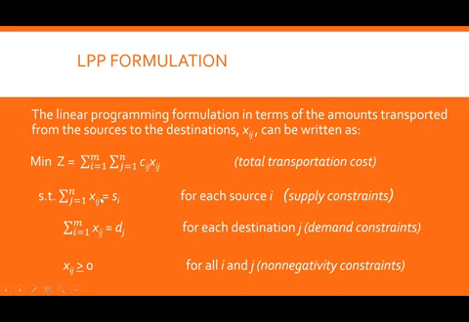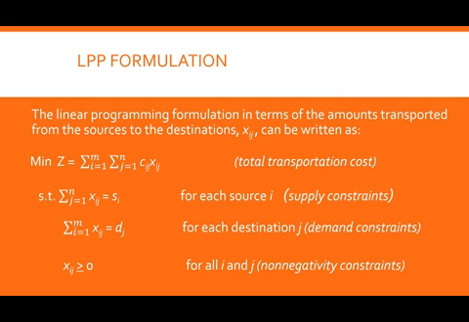Okay? Then what are the constraints? See, your total quantity that you transport from a source cannot exceed its capacity. If the capacity of a factory is 10,000 and you are showing that you are transporting 12,000 units from there, where did the remaining 2,000 units come from? So that will be a question mark, right?